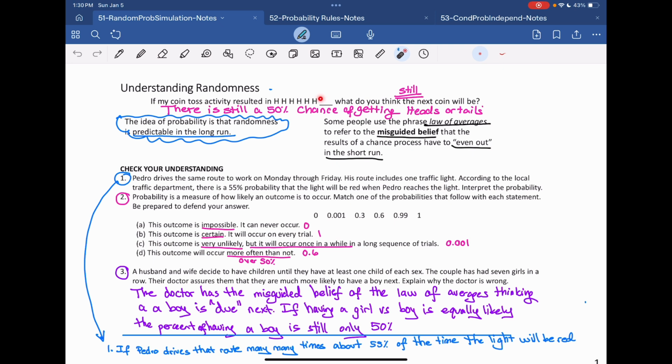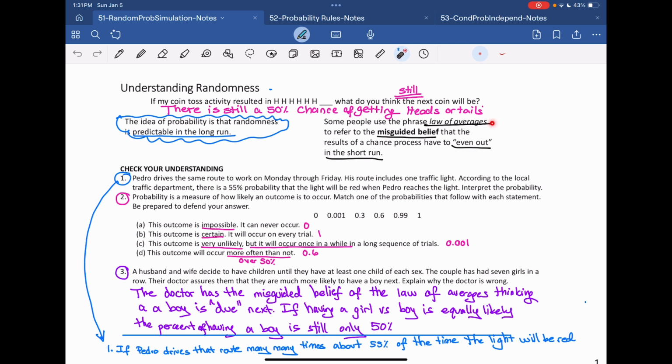So many people think, oh, well, if we got heads, heads, heads, heads, heads, heads, there probably is going to be a tails, more likelihood that a tails will happen. That's not true. As much as we think, yeah, sure, it could be tails, but the likelihood of it being heads or tails is still 50% chance. So 0.5 is the probability.